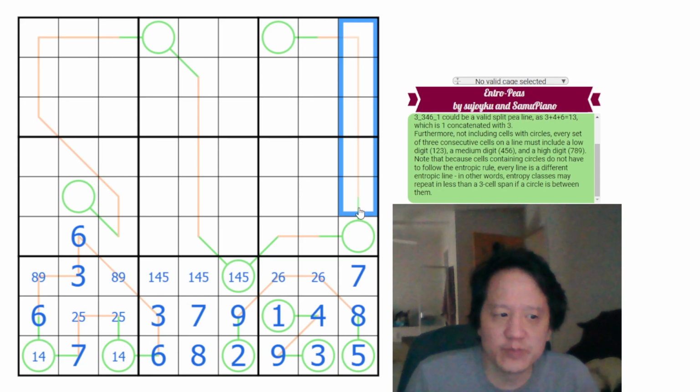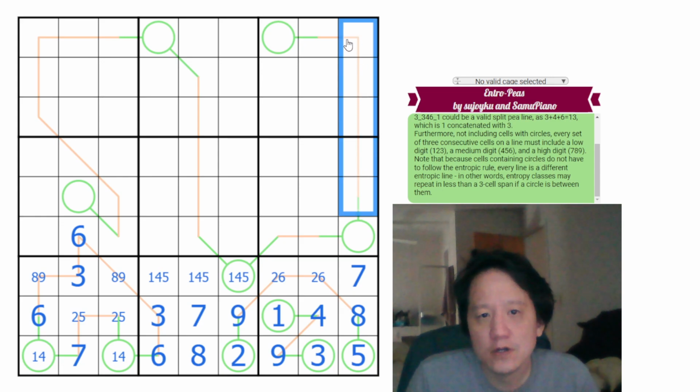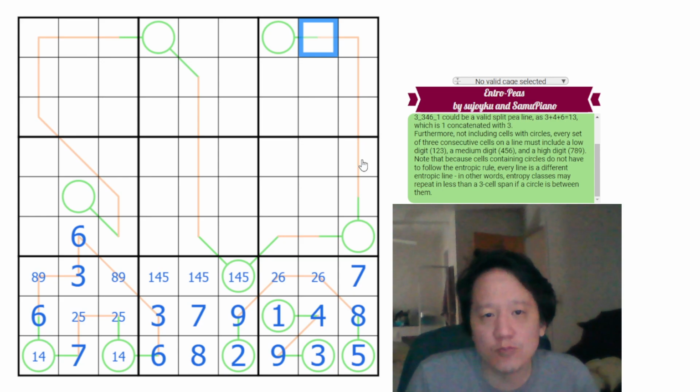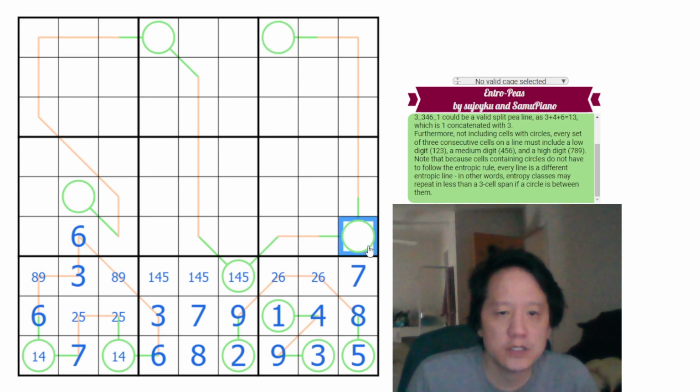So maximum, it would be 2 plus 3 plus 4 plus 6 plus 9. 2 plus 3 is 5, plus 4 is 9, plus 9 is 18, plus 6 is 24. So this is 24 at most. So this also has to be 1, 2, or 3. So this could be 1, which would fit both.